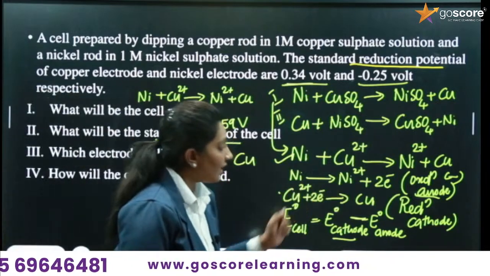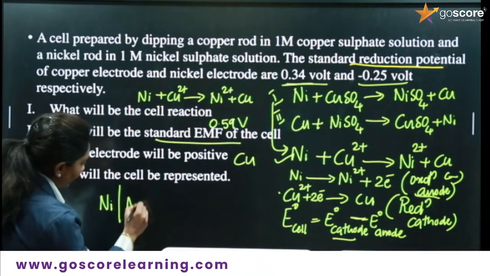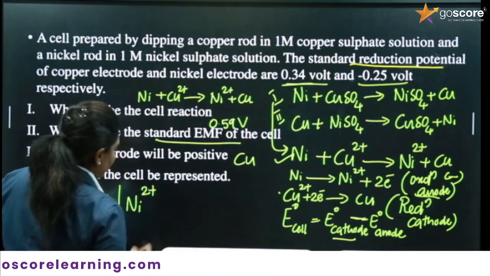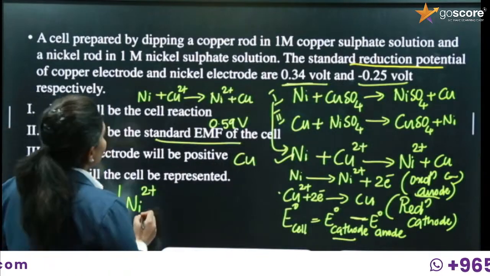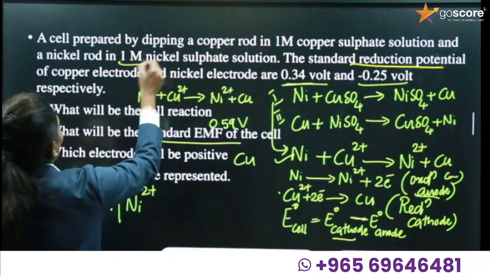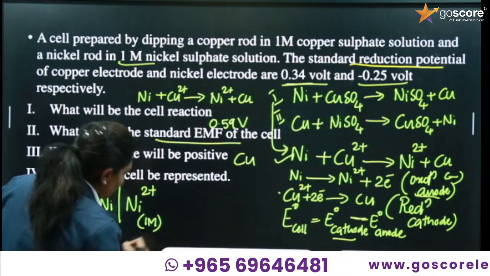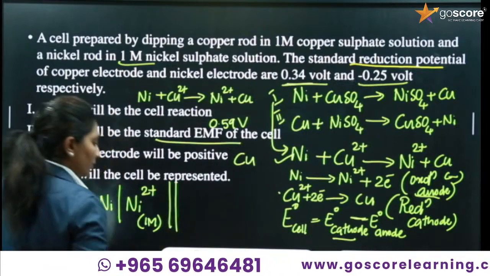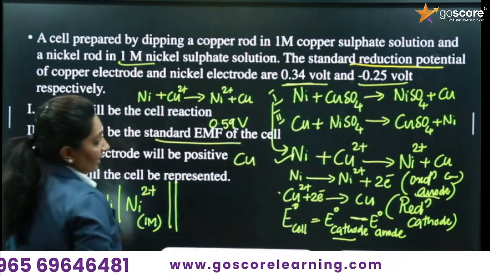So here which one is the anode? Ni slash nickel ions. Either you can write NiSO4 or Ni2+ ions, and the concentration is mentioned in the question, that is 1 molar. So you have to mention the concentration and represent the salt bridge with two lines, then write the cathode.